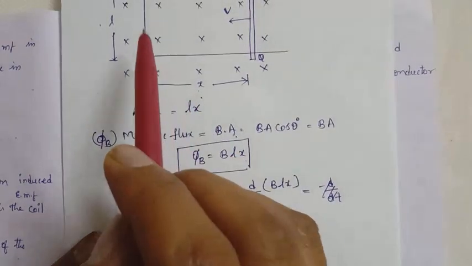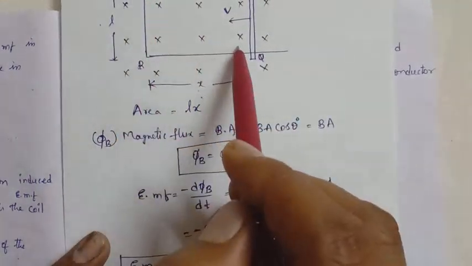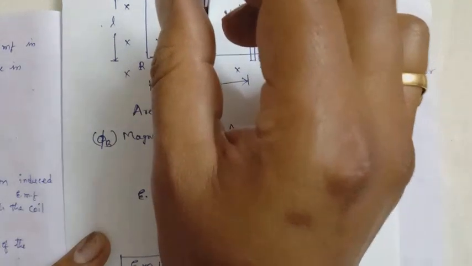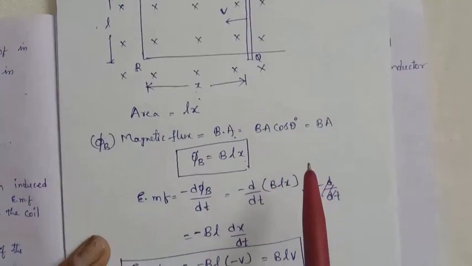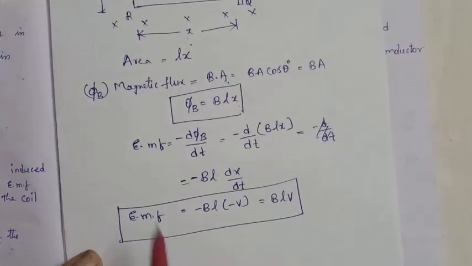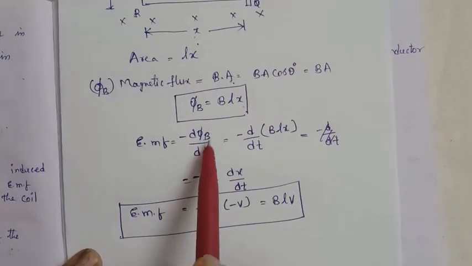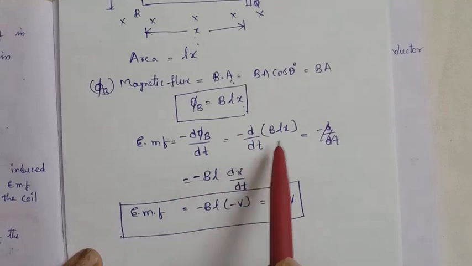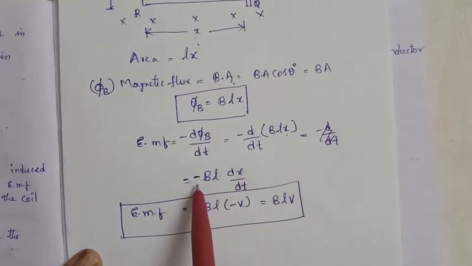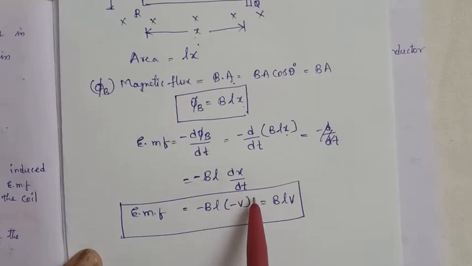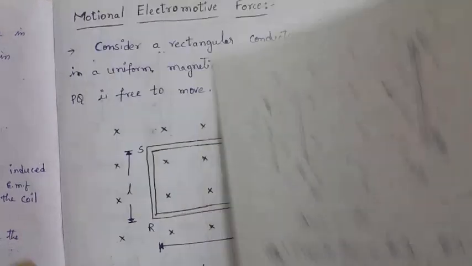So the induced EMF is equal to minus d phi B by dt, that is equal to minus d by dt of BLx. With respect to time, the x variable will vary. That's why minus BL dx by dt. So the induced EMF is equal to BLv.